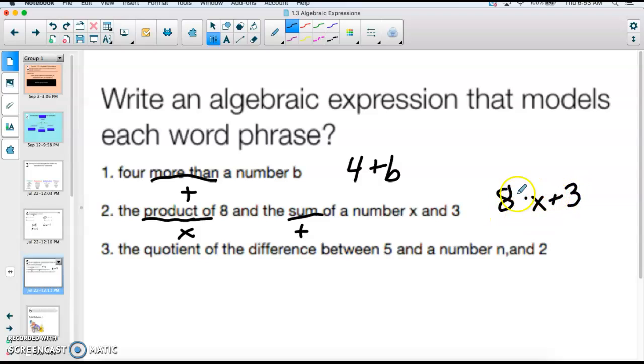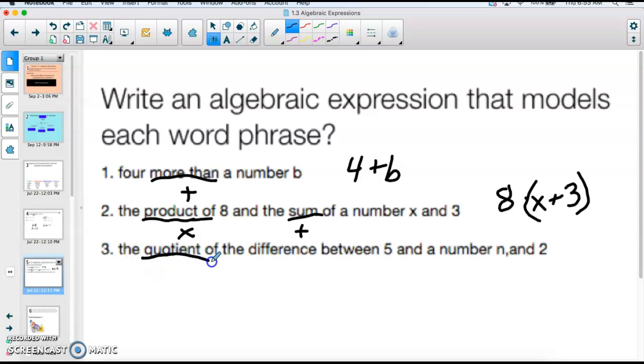Now, order of operations is really important here, right? We're missing something very important. If we leave it like this, it's the product of 8 and x and then 3 more. But we need to do this first before we multiply by 8. Okay, the next one, the quotient of the difference between 5 and a number n and 2.